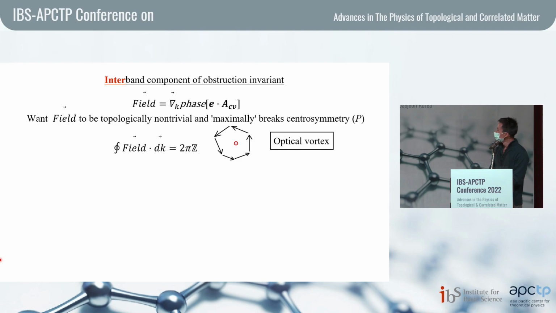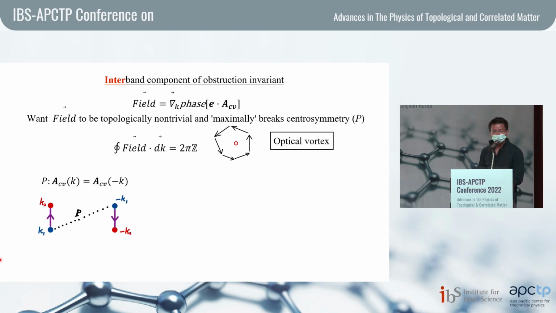It'll be clarified. To be topologically non-trivial, that's simple. What we can do is introduce a zero in the interband Berry connection, and around this zero, the phase will wind. Hence, if you integrate the field around a loop, you always get 2 pi times an integer. So let me call this an optical vortex.